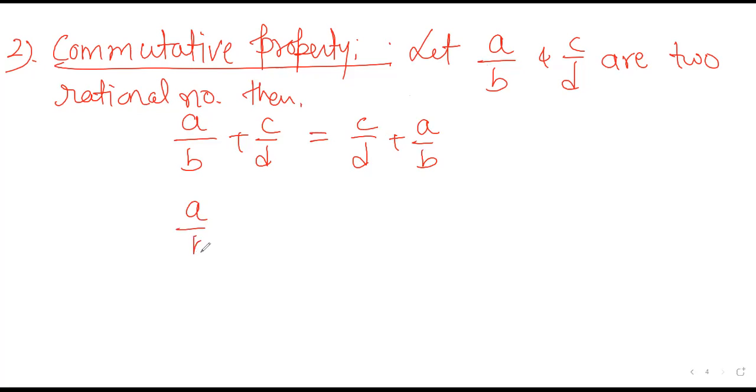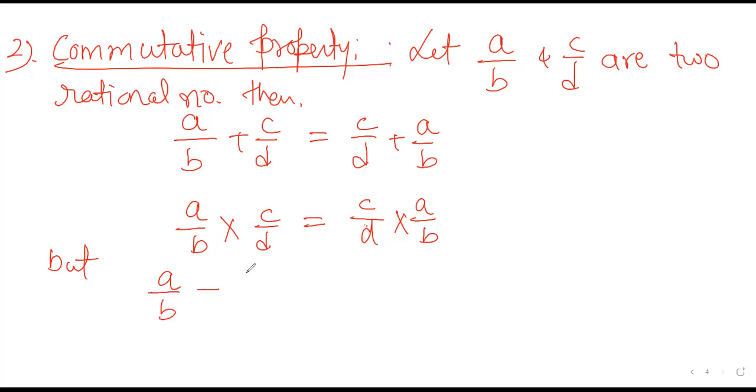Similarly, if you do it for multiplication, it will not be the same. Sorry, it will be the same. If you change the order of numbers, it will also be the same. Means a upon b into c upon d is equal to c upon d into a upon b. But for subtraction and division, it will not follow.